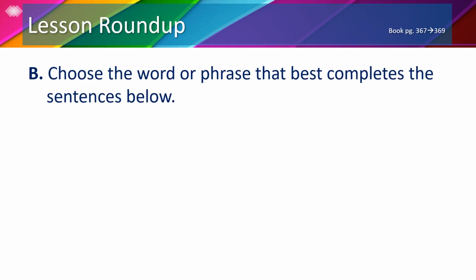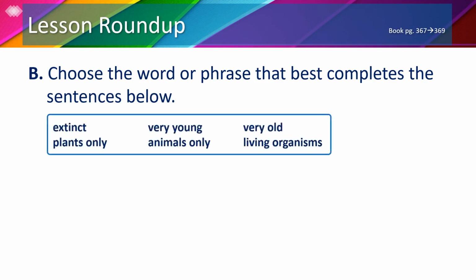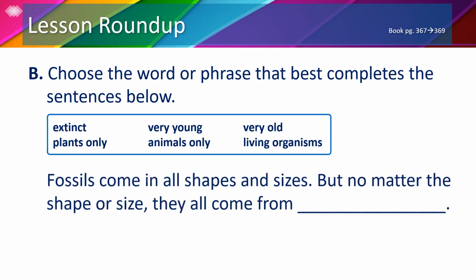In part B, we're going to choose the word or phrase that best completes the sentences below. We have the following words: extinct, very young, very old, plants only, animals only, and living things. Fossils come in all shapes and sizes, but no matter the shape or size, they all come from blank.